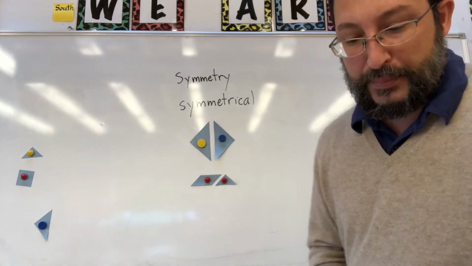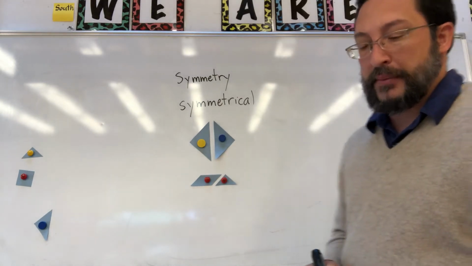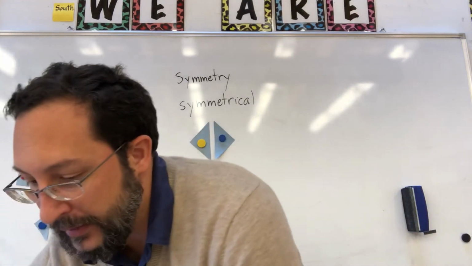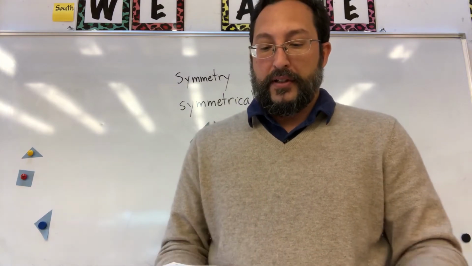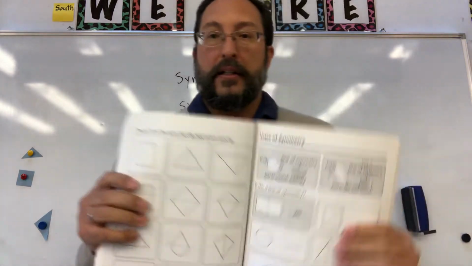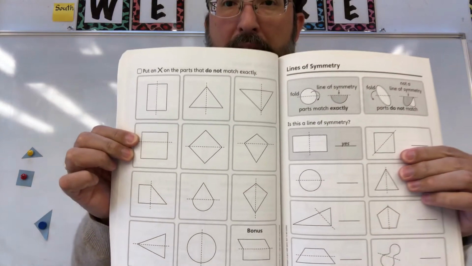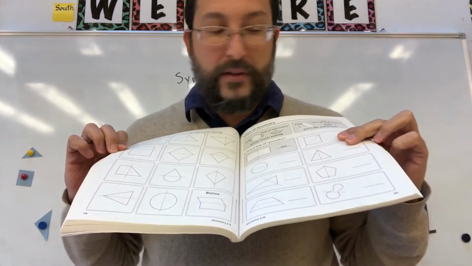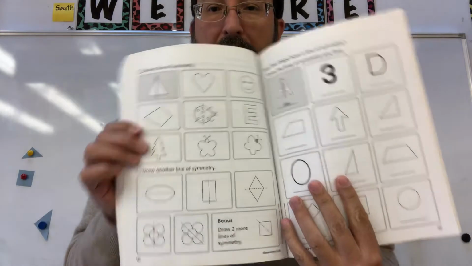Now the next part, we also looked at some examples in your book, and some of the work today does get you to go through and look at some examples of symmetry. So in the pages that were sent today, complete these pages 134, 135, and I believe there was also page maybe 136, I think, as well.